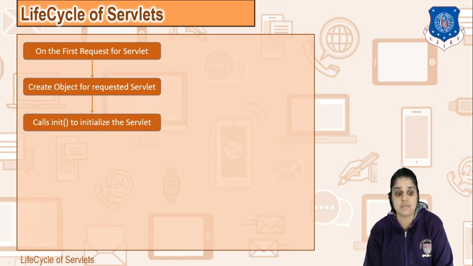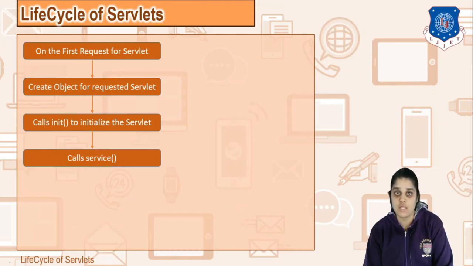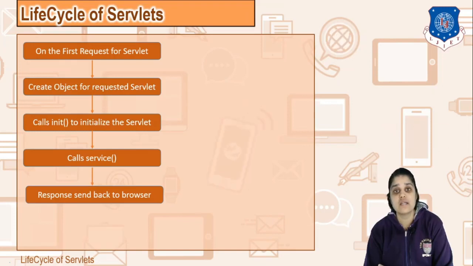The next step is, after init, the service method is called. In this service method, all your form processing, like adding two numbers or whatever business logic you have, or whatever web page you want to render and give back to the client, is processed. After your service method is over, the response is sent back to the client via a browser.